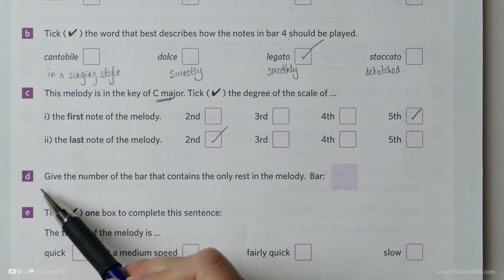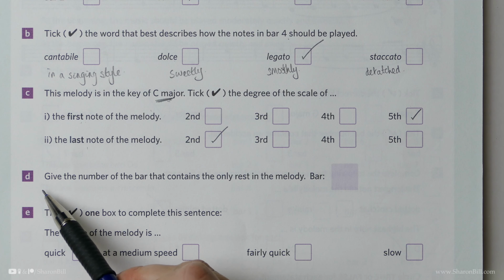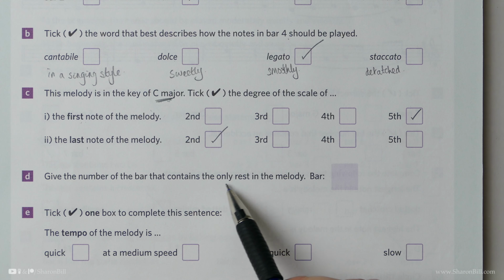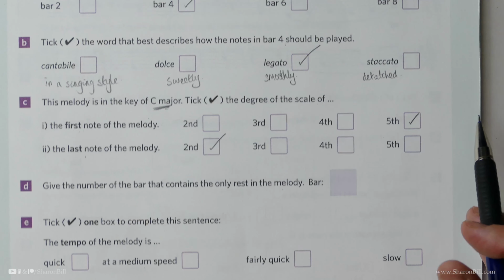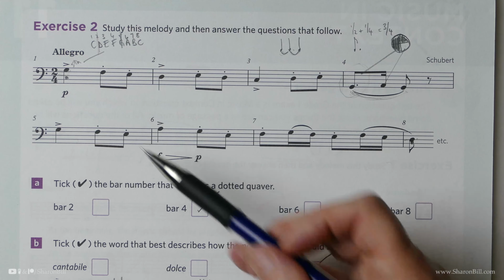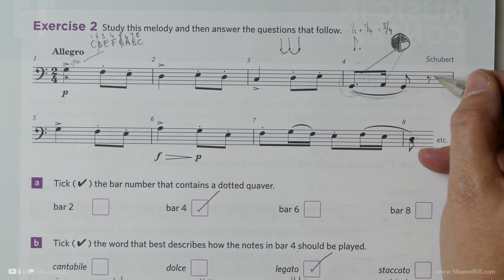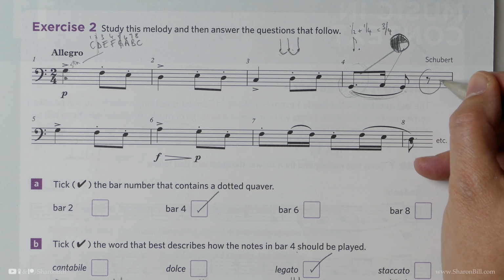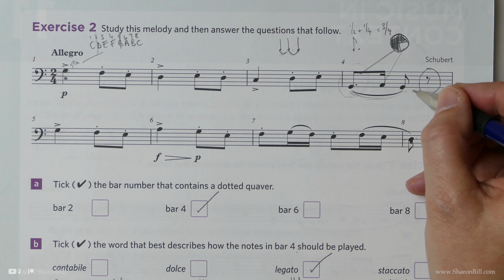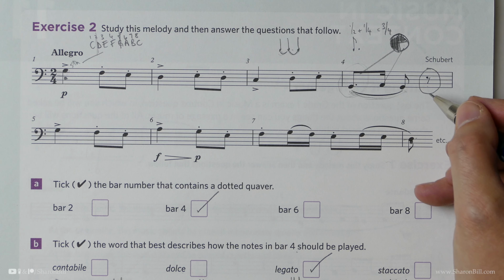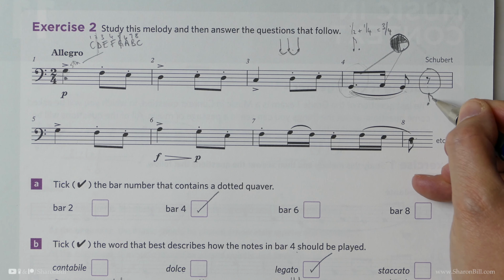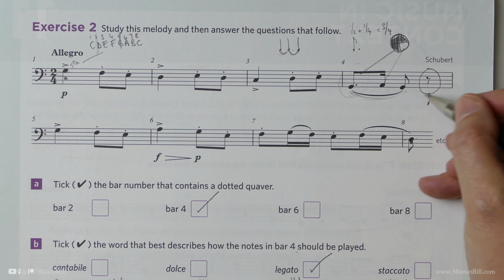In D, we just need a little bit of observation. We're asked to give the number of the bar that contains the only rest in the melody, so the only silence that's marked. And here we have that rest. Let's just make sure we know what we're discussing here. This is a quaver beat rest, which is worth half a beat of silence.